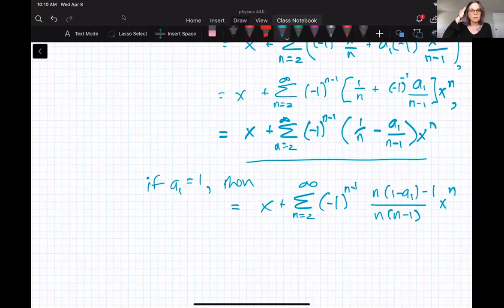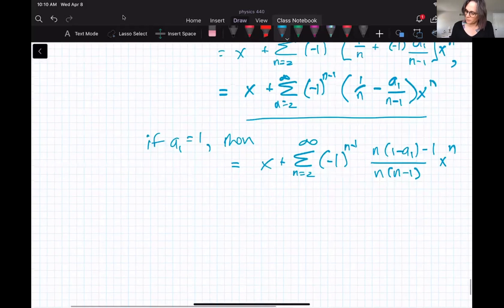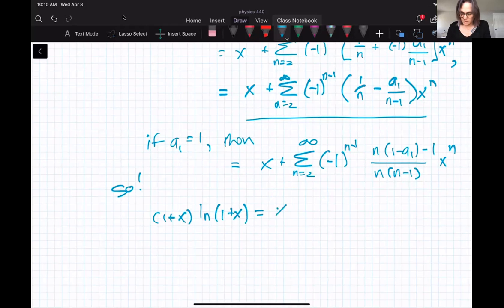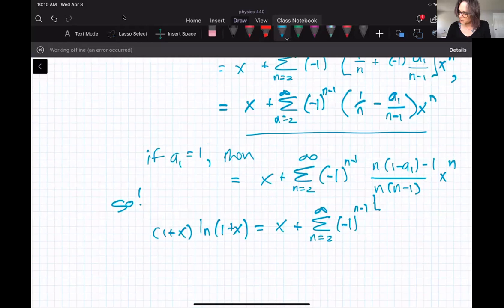We're just combining those two fractions. And so what that means is we have 1 plus x times ln of 1 plus x, which is the function that we started with, is equal to x plus this sum, n equals 2 to infinity of all of this, minus 1 to the n minus 1. Whoa.